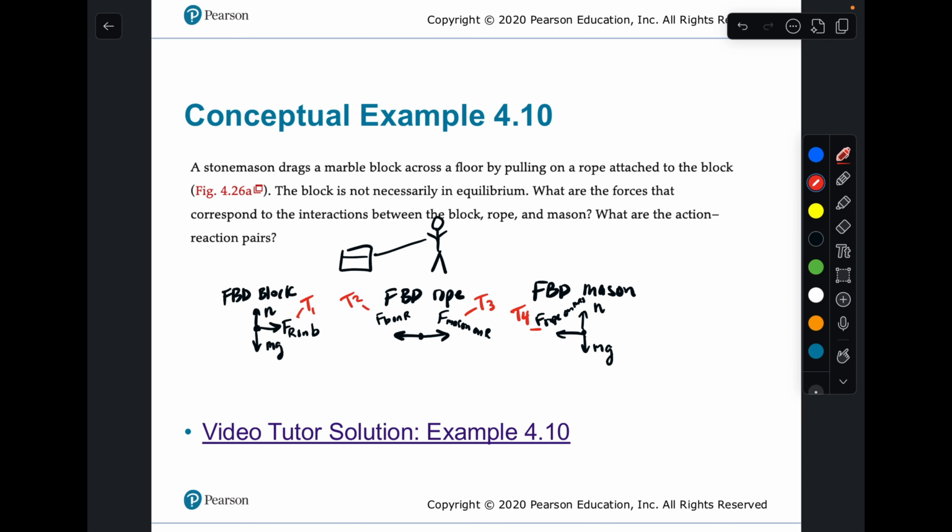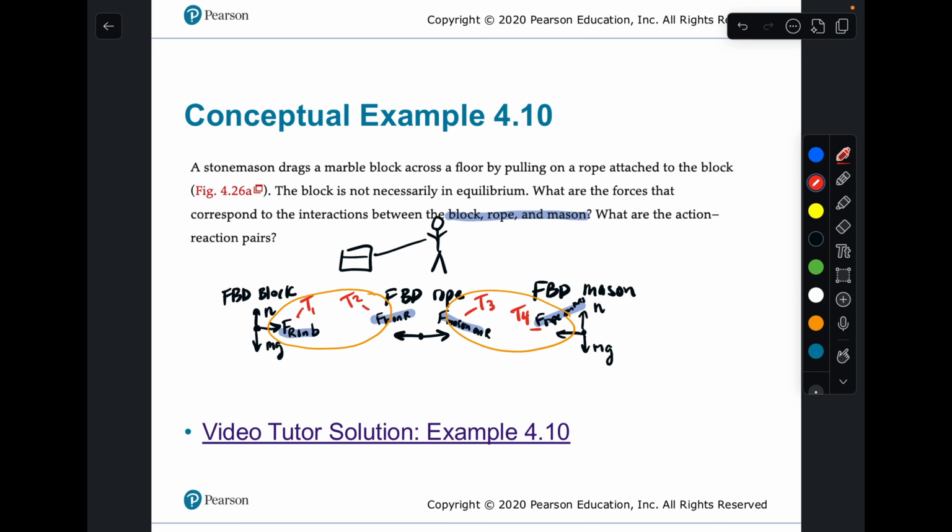So the forces that correspond to the interactions between those three parties are going to be these guys, the tensions, right? The normal and the weight are interaction forces between the ground and the earth. So we only care about the interaction between block, rope, mason. So the question is, what are the action-reaction pairs here? The action-reaction pairs are going to be these guys.